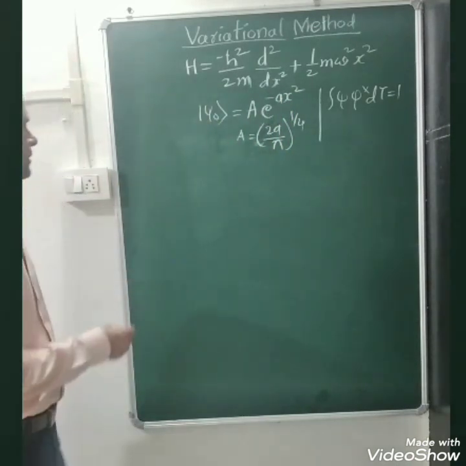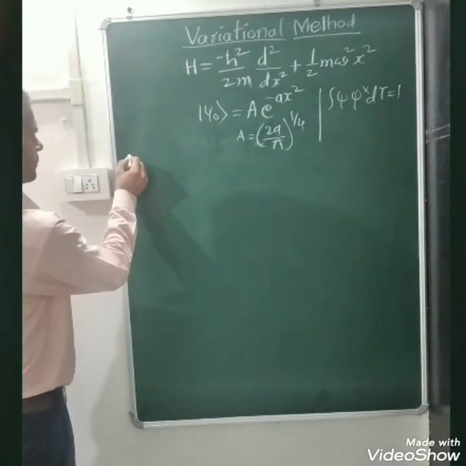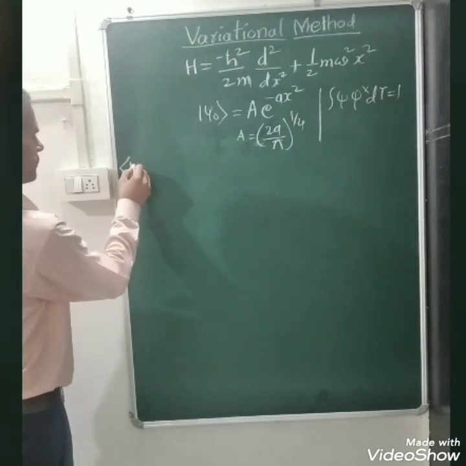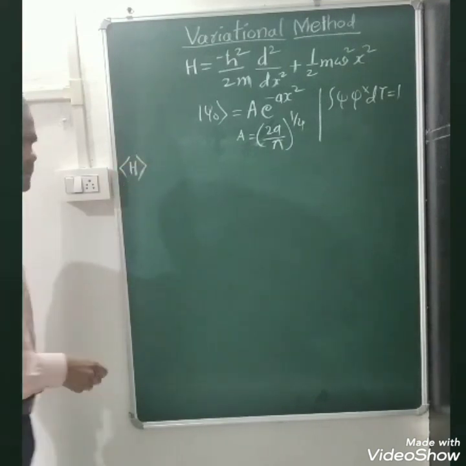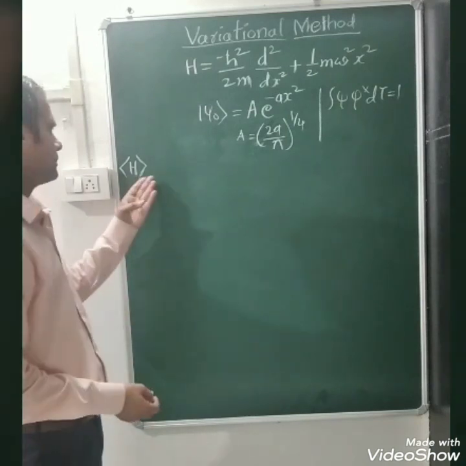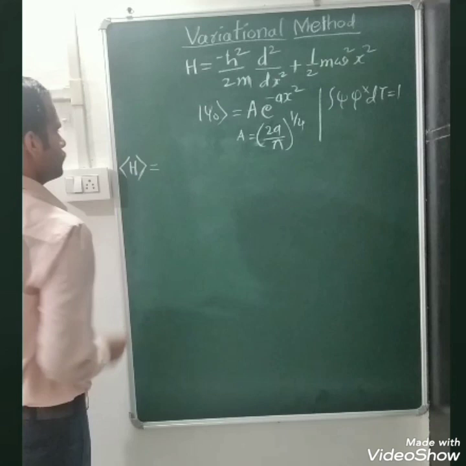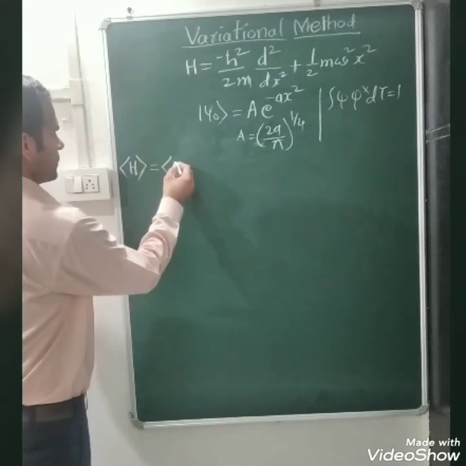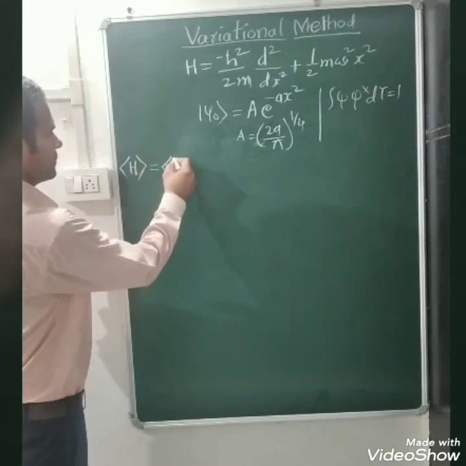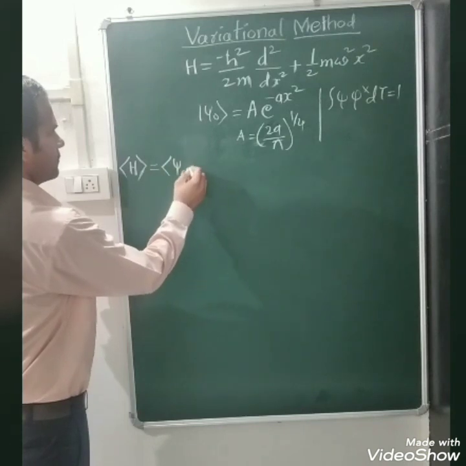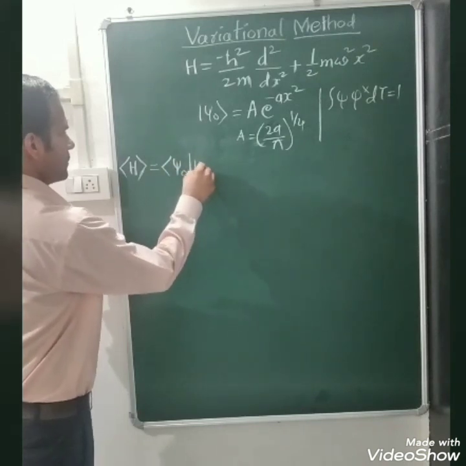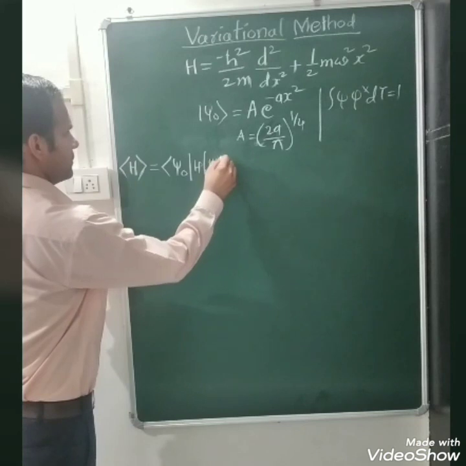Then in the second stage, we have to take the expectation value of H, that is the energy eigenvalue, written as expectation of H is psi 0 H psi 0.